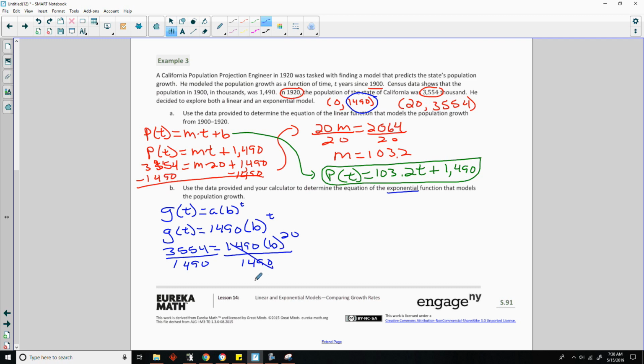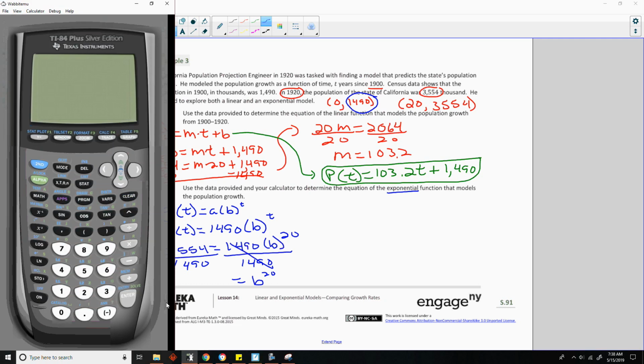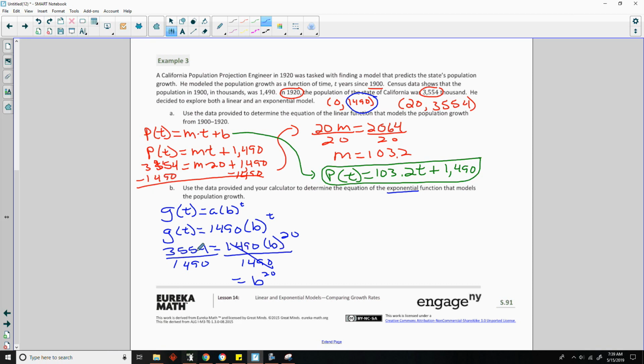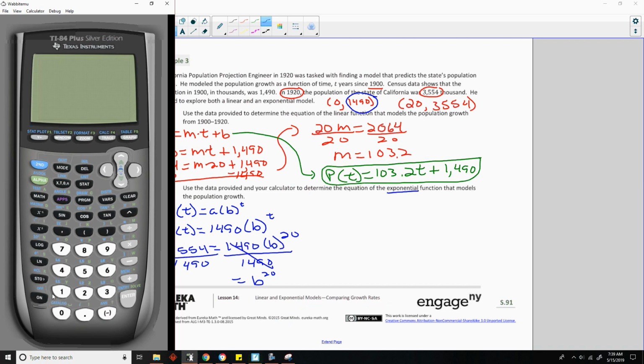These cancel, and I get b to the power of 20 equals 3,554 divided by 1490, and I get 2.385.